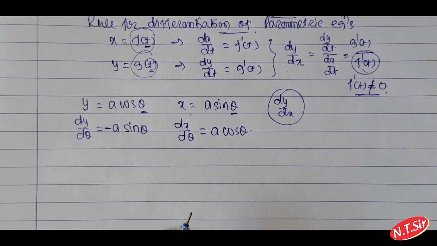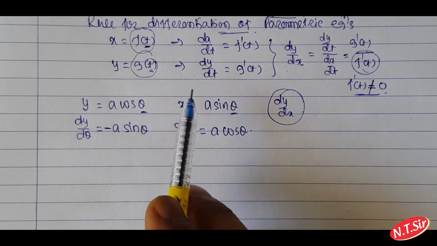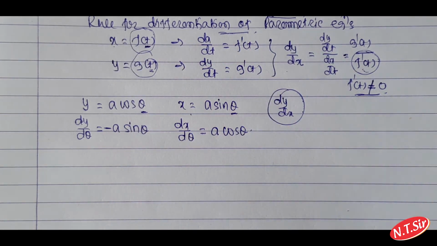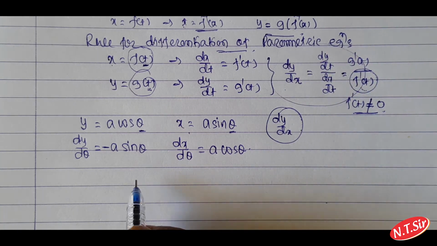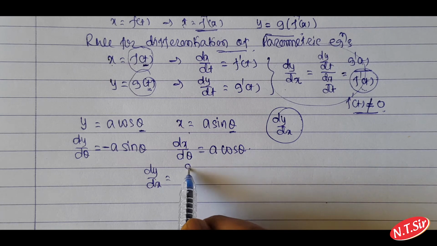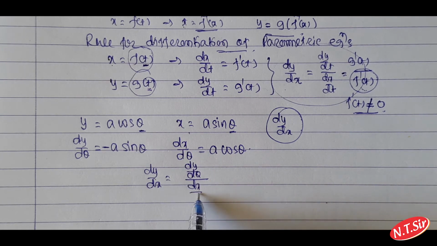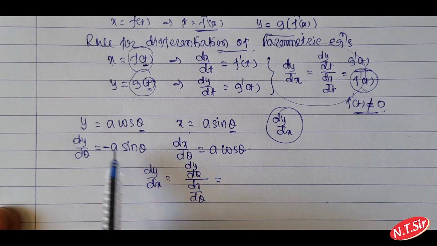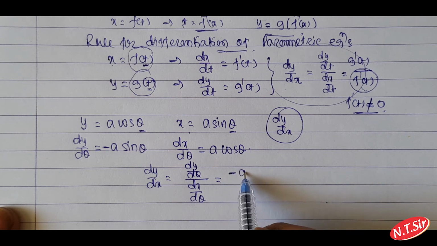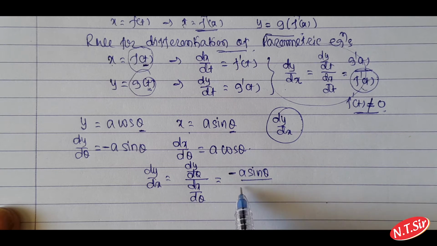By the parametric rule, dy by dx is equal to dy by d theta upon dx by d theta. Now dy by d theta is minus a sin theta, upon dx by d theta, which is a cos theta.